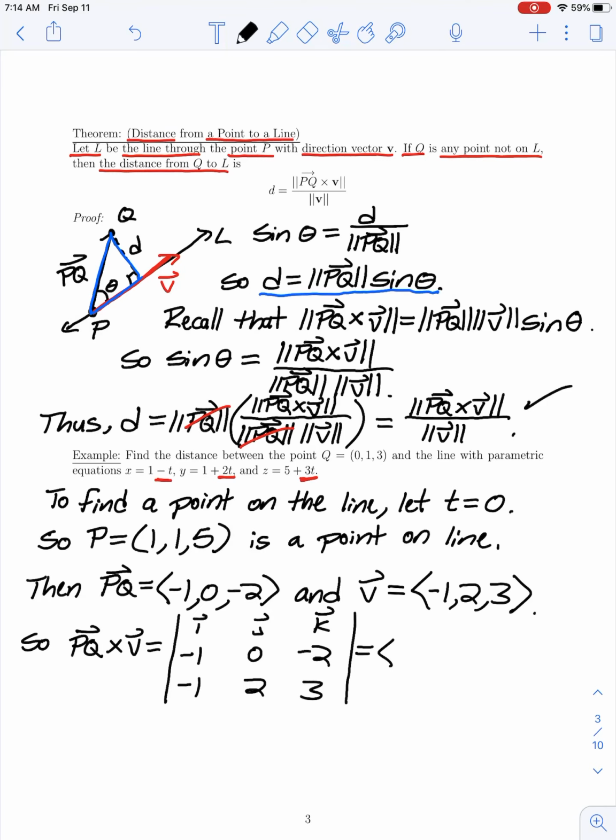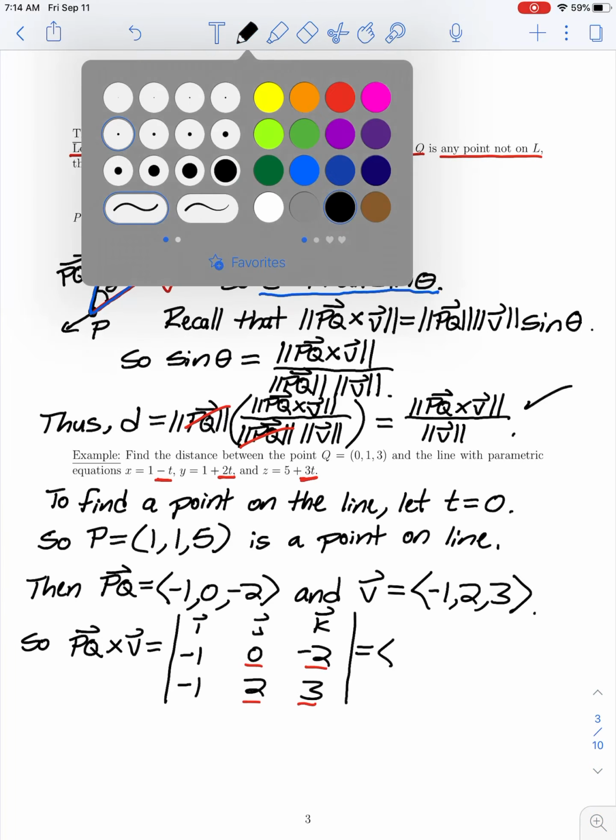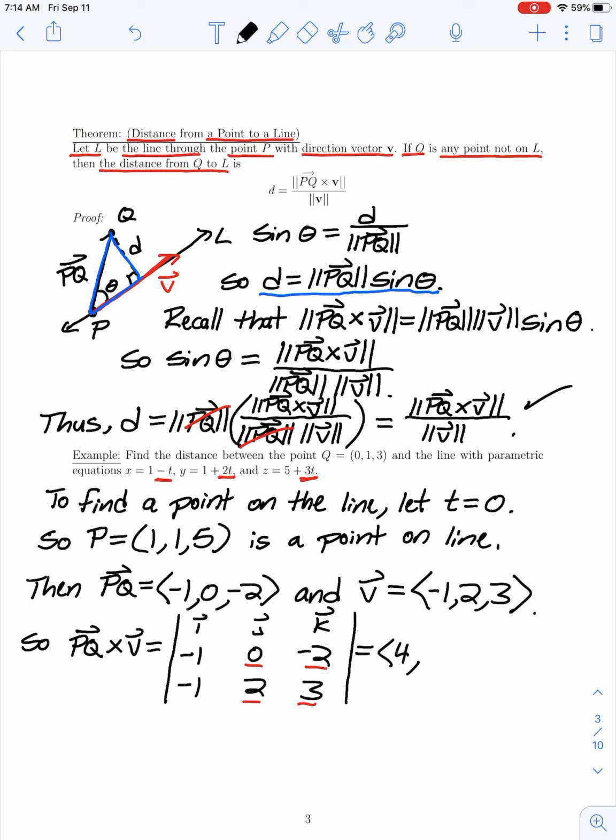So for the i component of this cross product, we would take 0 times 3 minus -2 times 2. So that gives us our i component is 4. For the j component, we would take the product of -2 and -1 and subtract the product of -1 and 3.